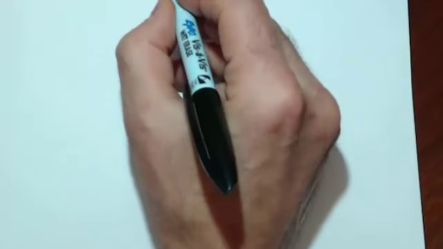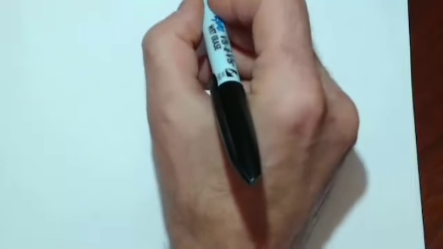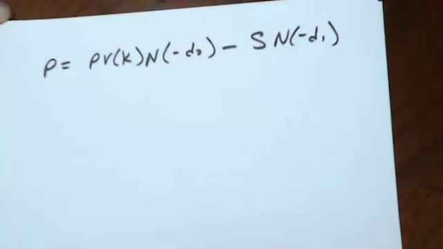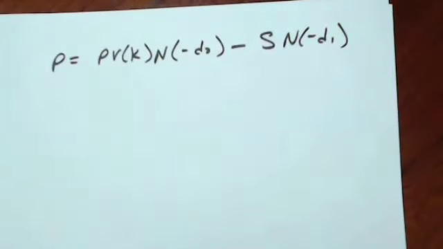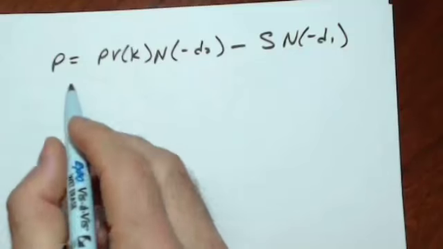Let's do the put. Now the put, once you have the calculations for the call, the put calculations are way easier. So it's the present value of K times minus ND of 2. It's that term right, this formula right here.